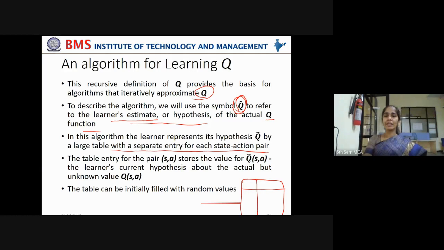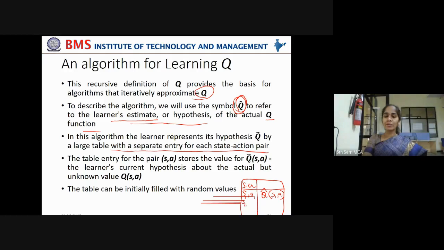the table is maintained. For every state action pair, from this particular state, say state S1, if action A1 is taken, then what is the estimated value of Q for moving from S1 by taking action A1?